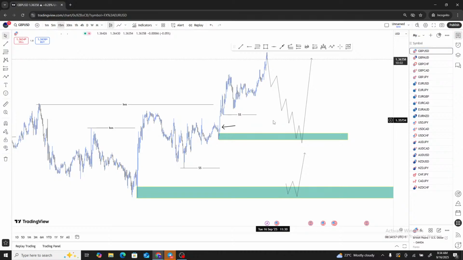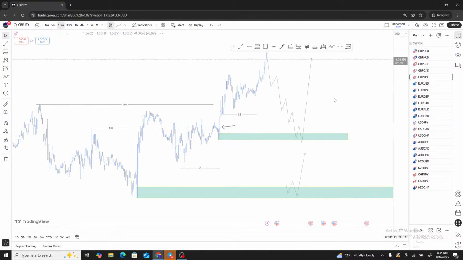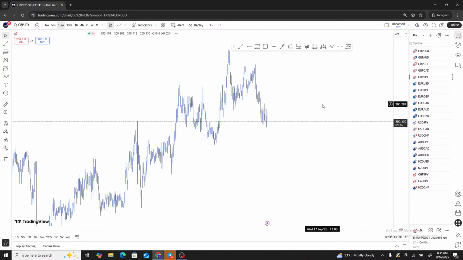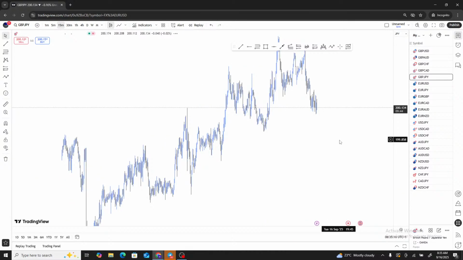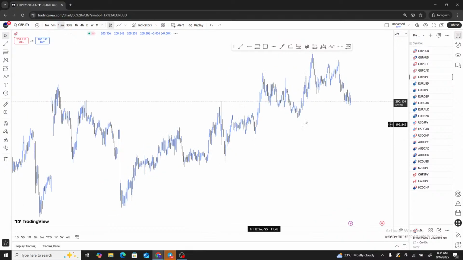Our next pair will be checking GBP JPY. Let's check GBP JPY right here. Wow. This is GBP JPY. It is in a very nice uptrend.